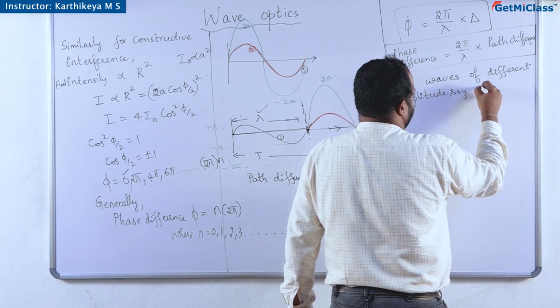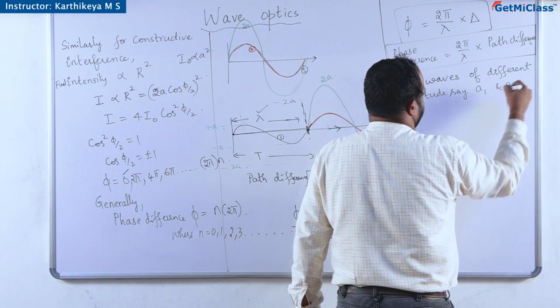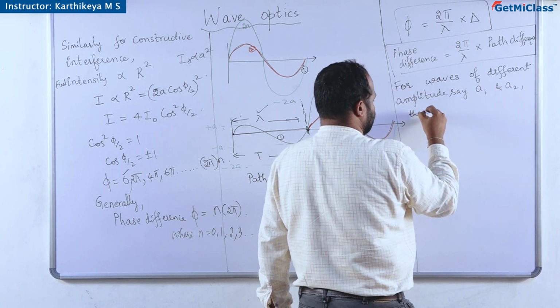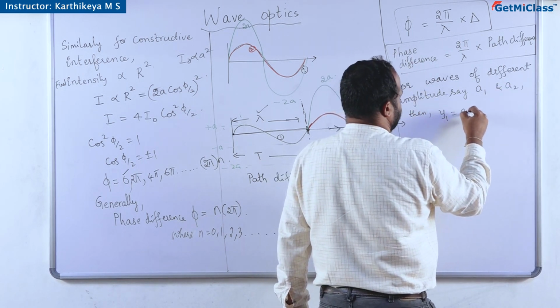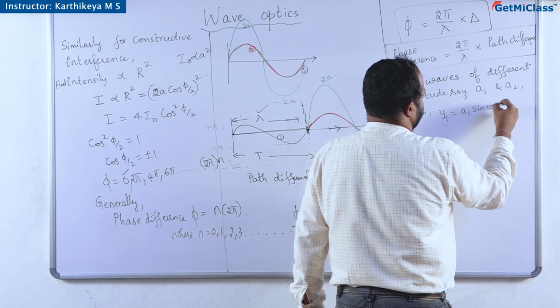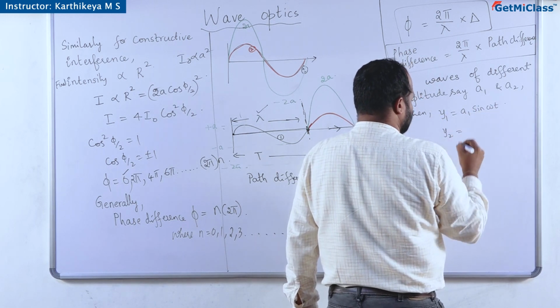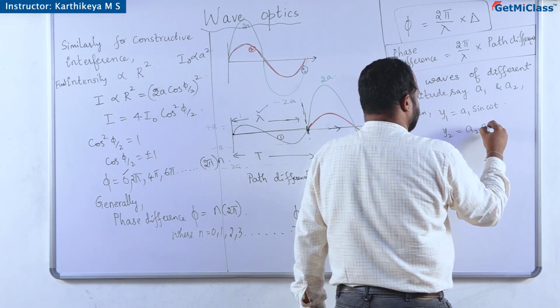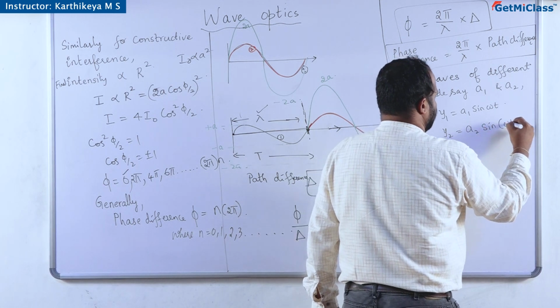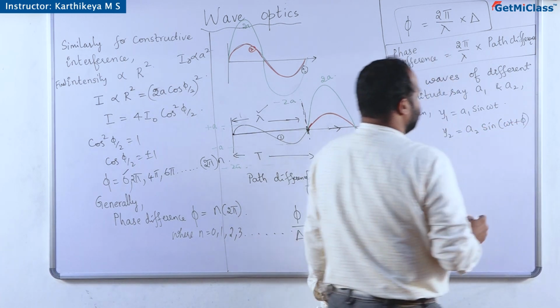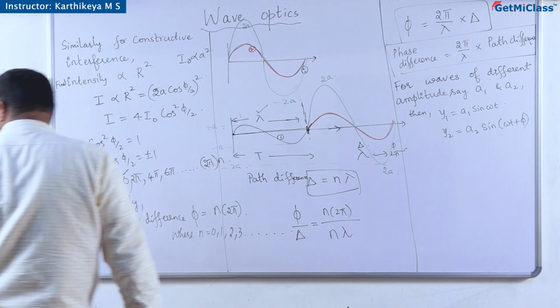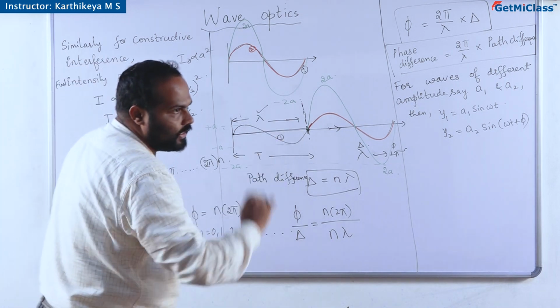say A1 and A2, then y1 equal to A1 sin omega t, y2 equal to A2 sin(omega t plus phi). So the phase difference between the two waves is now phi.